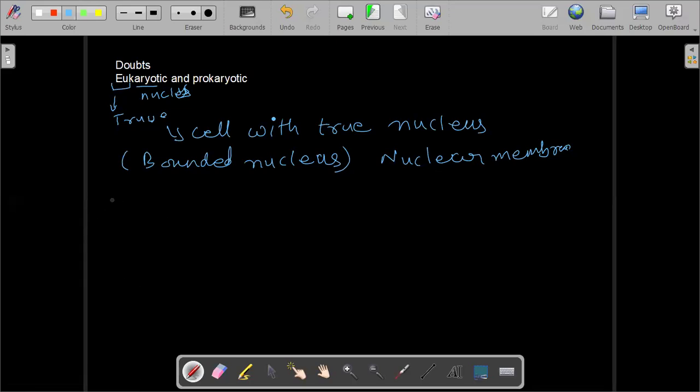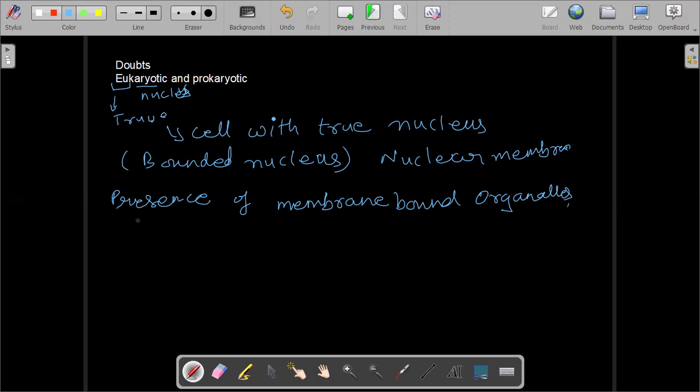A eukaryotic cell has the presence of membrane bound organelles like ER, that is endoplasmic reticulum, mitochondria, lysosomes.